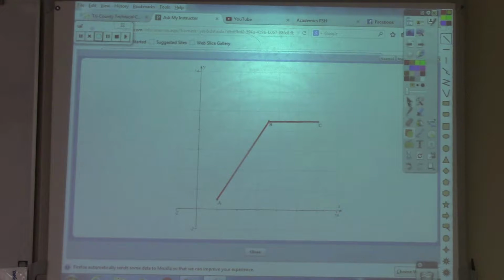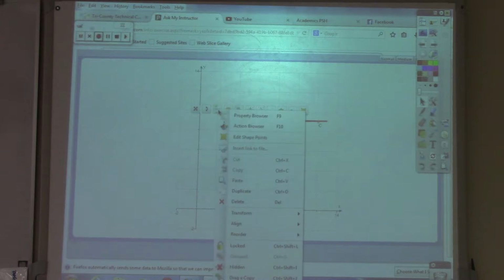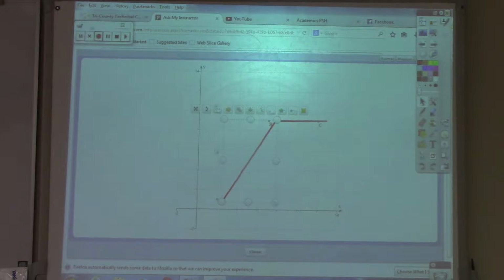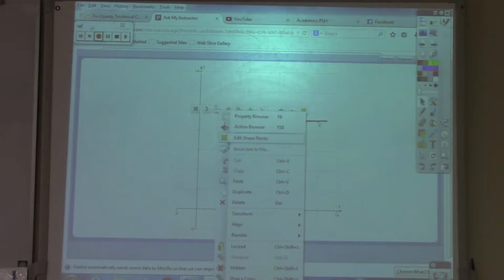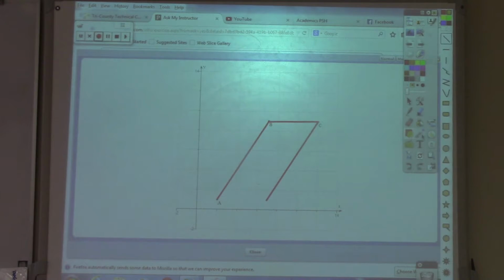And then we take our handy dandy virtual copier and we copy and we paste. And that gives us that guy. And we move him over here. And then we take our handy dandy virtual line maker and color it blue and go from here to there.